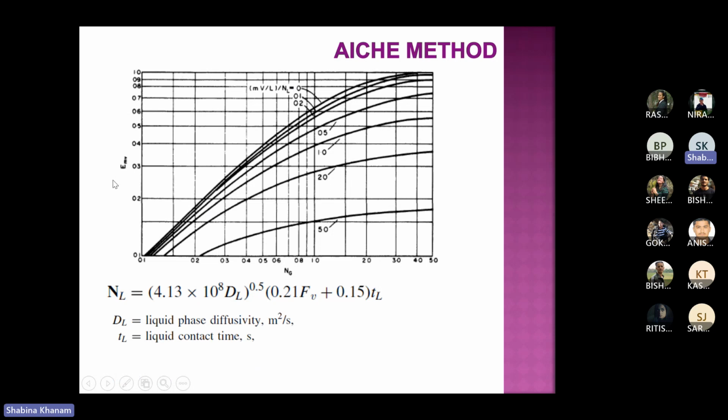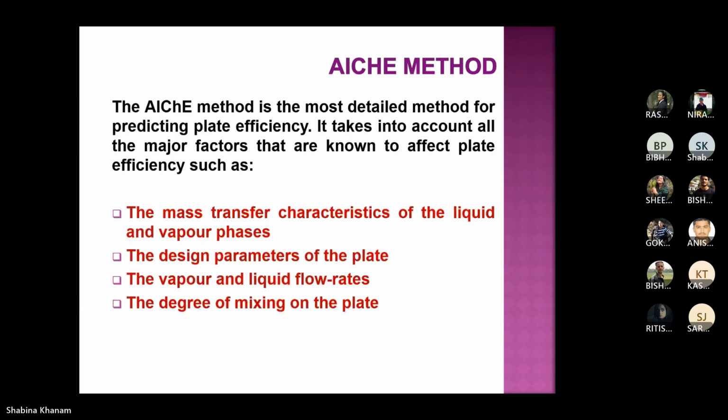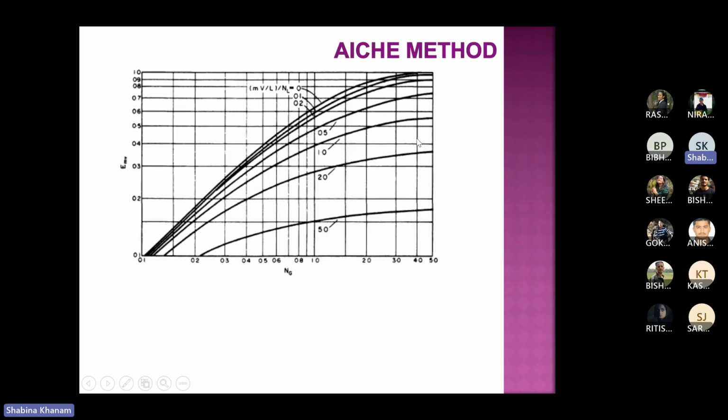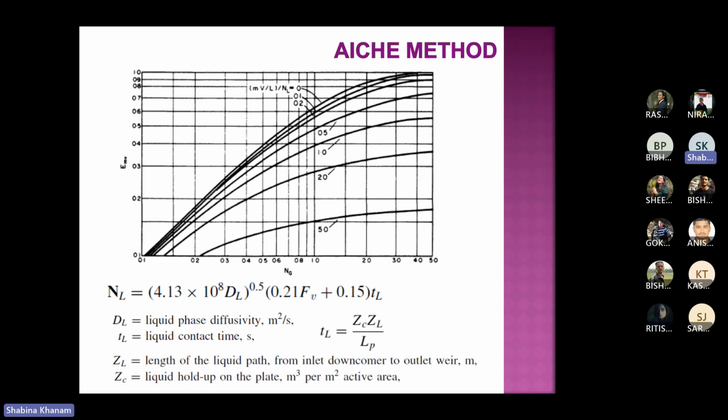You can use this graph, or this equation as well, which is already plotted over here. If the choice is given, I will recommend using the equation. It will give you the correct value, while the graphical approach may have a little bit of error.